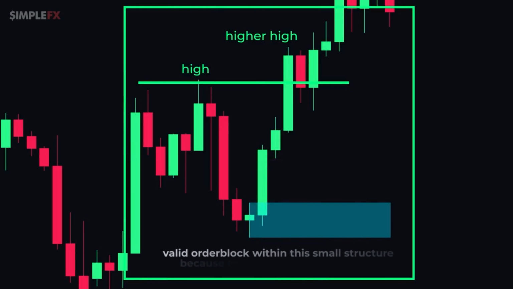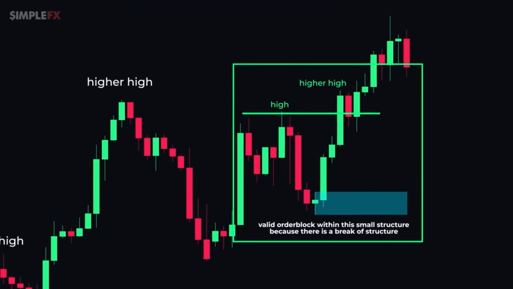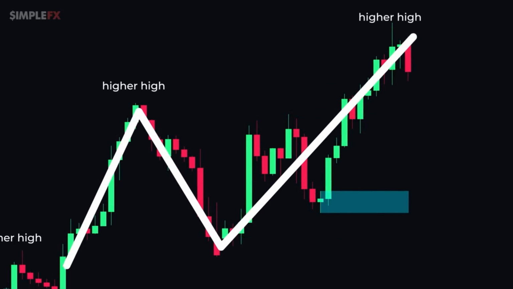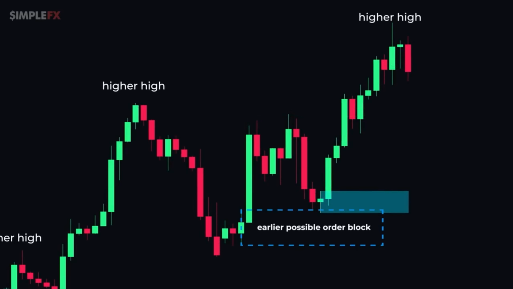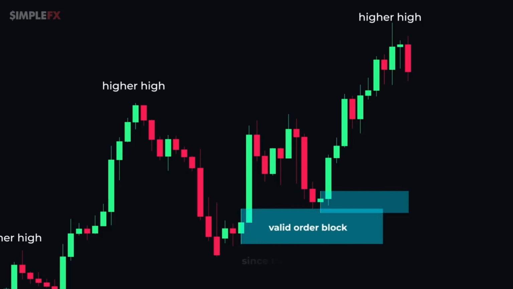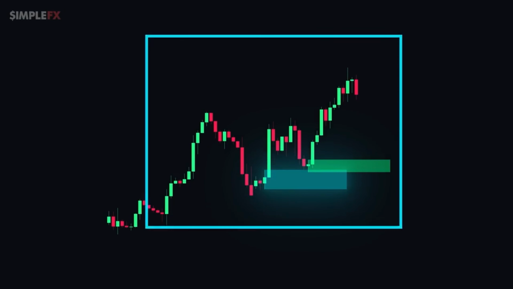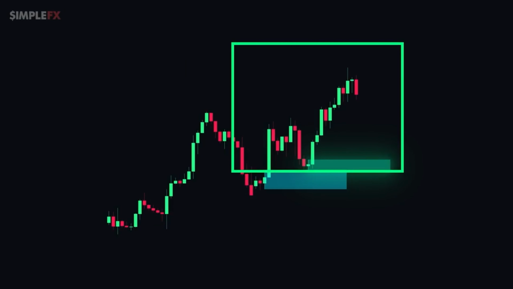This makes it a valid order block within this smaller structure. However, if we look closely, we also see that the price made higher highs within the previous larger structure. This means the earlier possible order block is now a valid order block as well, since the price formed higher highs within that larger structure. So when drawing order blocks, it really depends on which structure the order blocks are formed within.